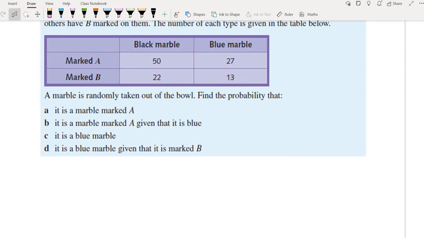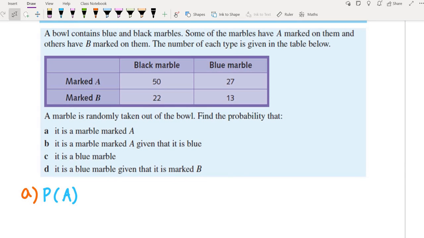We're finding the probability that when we randomly pick something out, it is marked A. So this is out of, if we add all of these up, we get 112 marbles. The ones that are marked A are these two. So it's going to be 77 over 112, which is 11 over 16.